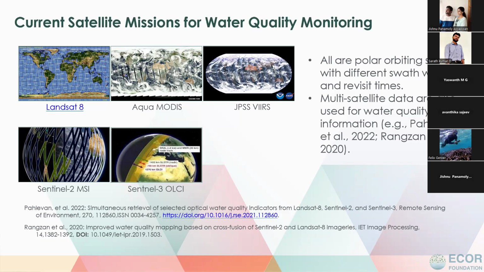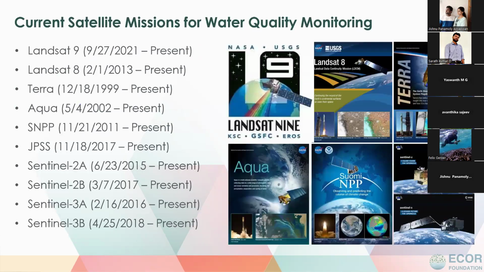Together, we can balance spatial coverage, time resolution, and data availability. Here is a quick list of active missions. Some of these, like MODIS and Landsat, have been operating for decades. That gives us long time series, which are extremely valuable for studying trends such as sediment load changes, increasing algal blooms, and temperature shifts.